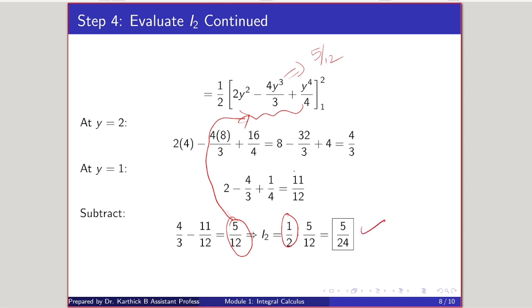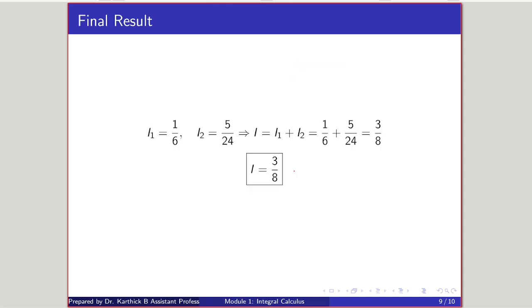Finally we get 5 by 24. So now we have found the values of I1 and I2, and finally we have to add both values. We get I1 equal to 1 by 6 and I2 equal to 5 by 24. Adding them up to get the total integral, finally we get 3 by 8. So this is the final value.